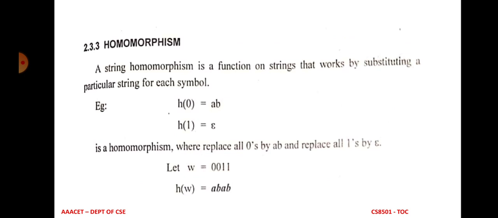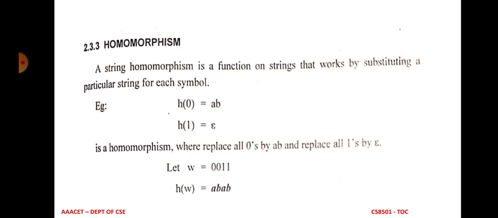And also h of 1 is equal to epsilon. Wherever the symbol 1 occurs, we have to replace 1 by epsilon. This is a homomorphism. Let us take the example W is equal to 0011. Here each and every individual 0 is replaced by AB, because in the above step h of 0 is equal to AB, and 1 is replaced by epsilon because h of 1 is equal to epsilon.